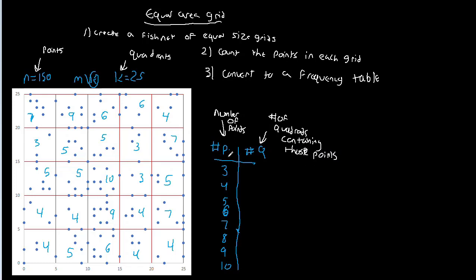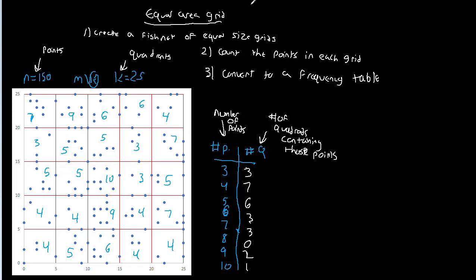We're just going to say, okay, how many quadrats have 3? Well, we have 1, 2, 3 with 3. How many quadrats have 4? 1, 2, 3, 4, 5, 6, 7. Then we're going to continue this process of looking at the number of points and counting the number of quadrats that have that number of points.